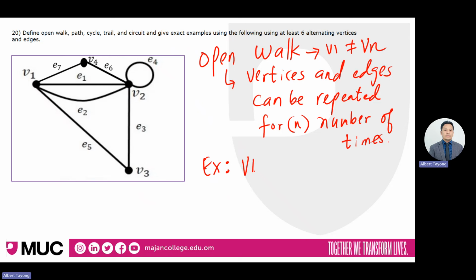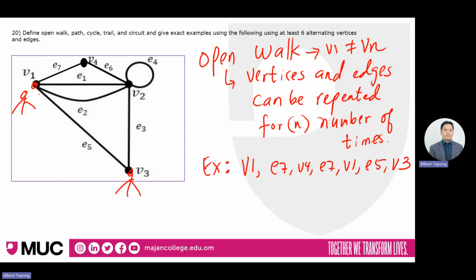Okay, so an example of this, so you have to give an example. You can start from V1, E7, V4, E7 again, V1, and E5 and V3. Okay, so I started with V1 and ended here, V3. So this is the end. So it's open.